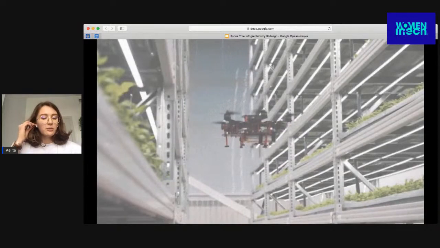And actually, to minimize the number of employees on the farm even more, the farm company wants to utilize drones. The idea is that a drone will fly over the shelves and take photos to send to our model.